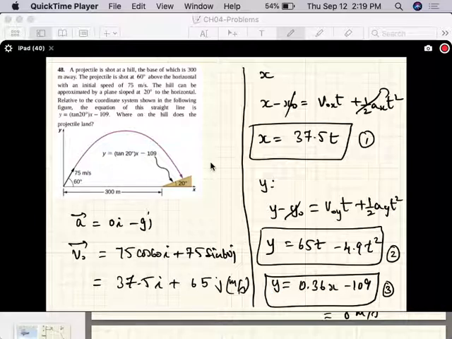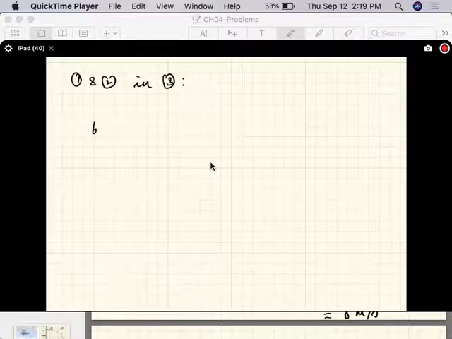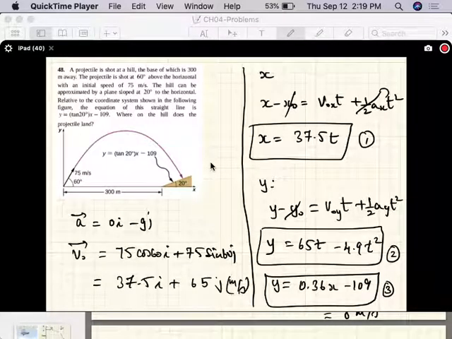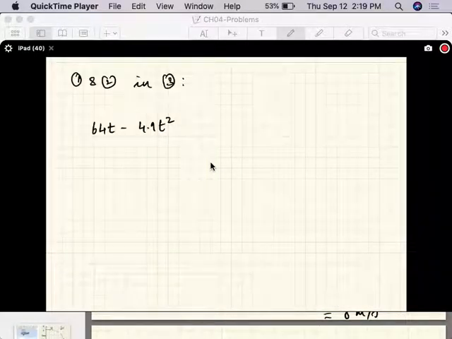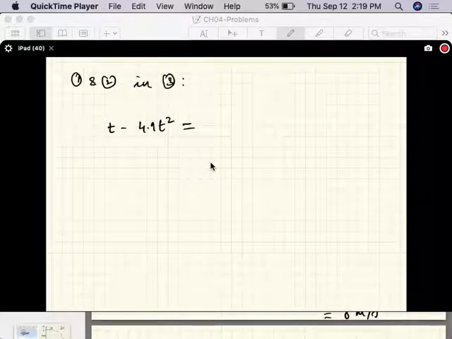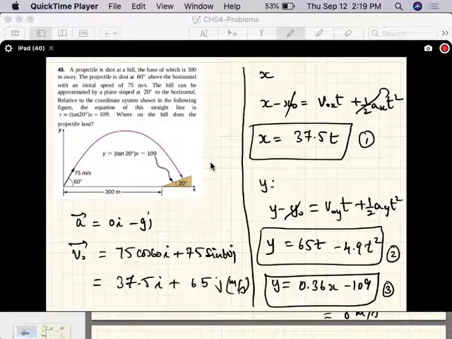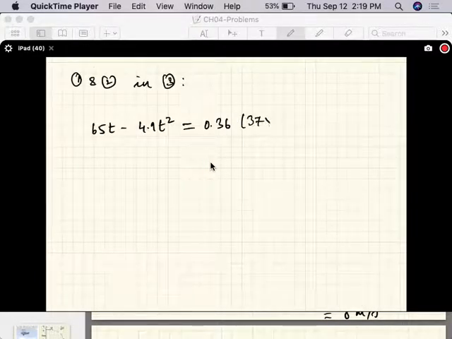So 65t minus 4.9 t squared, that is y, is equal to 0.36x, and x is 37.5 t.